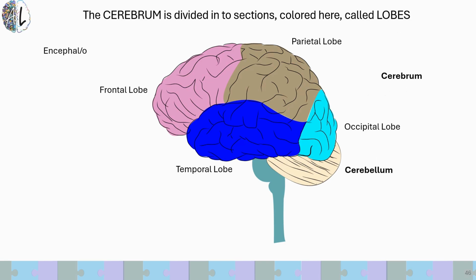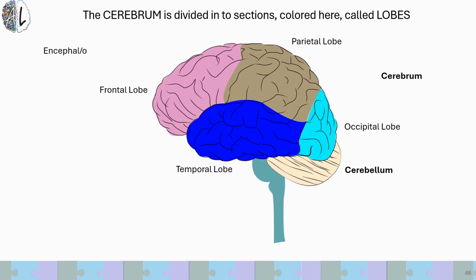So when we talk about the cerebrum, it's that upper portion. Encephalo is also a root term often used to refer to this portion of the brain. And while there are much deeper structures that we're not going to look at here, as we are focused on medical terminology, the four main lobes are the frontal, parietal, occipital, and temporal lobes.